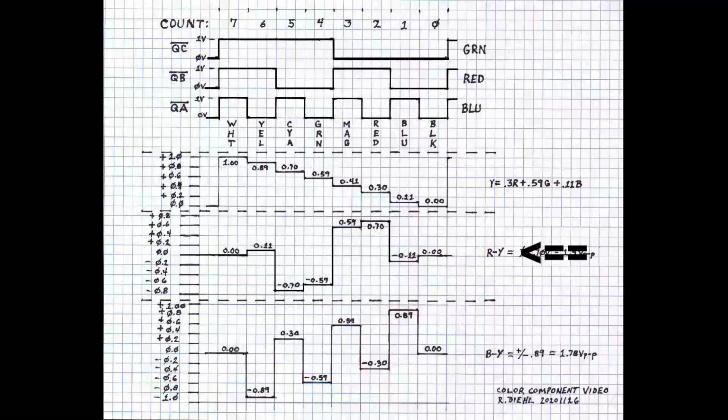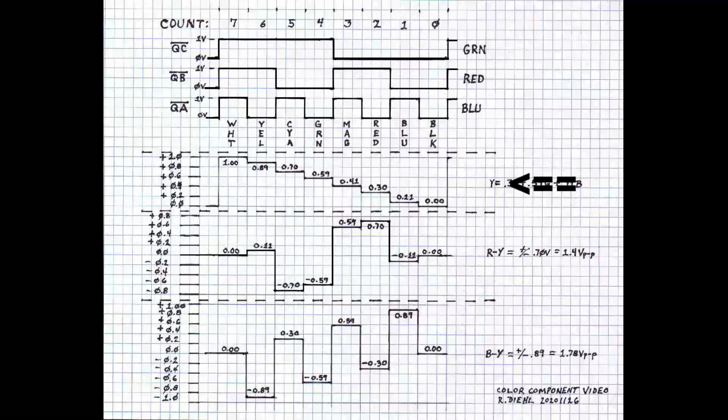A color difference signal called R minus Y, and a color difference signal called B minus Y. R minus Y is the symbol for the red signal minus the luminance signal. And B minus Y is the blue signal minus the luminance signal.